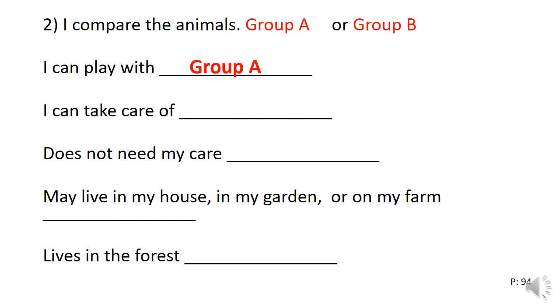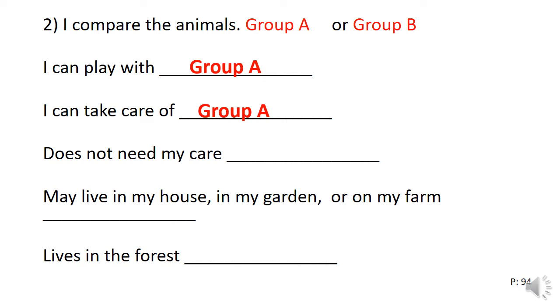I can take care of also which group, A or B? I can take care of group A. Excellent. I can care for the cat. I can keep it inside a shelter. I can give it food and water. I keep it clean.